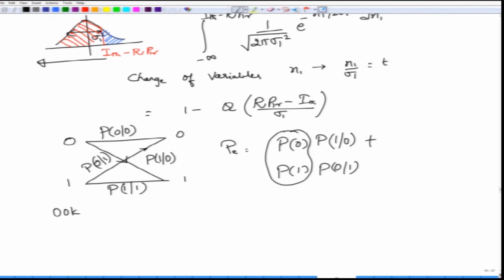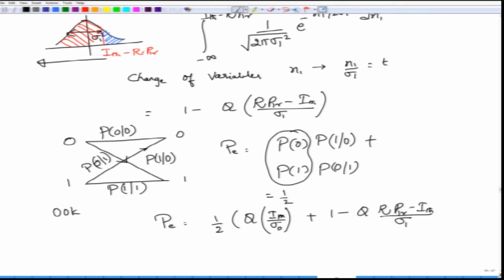If they are not, then you have to weight the threshold current appropriately, but if you assume that these two are equal, each of them will be equal to half, and the probability of error will be equal to half of Q of ITH by sigma 0, plus 1 minus Q of (R P1R minus ITH) divided by sigma 1.